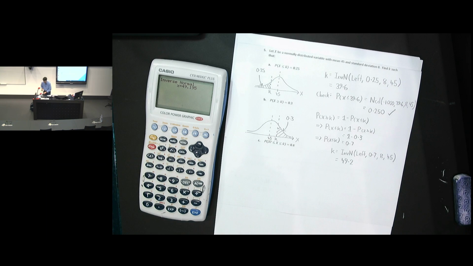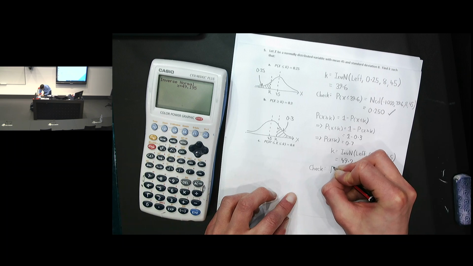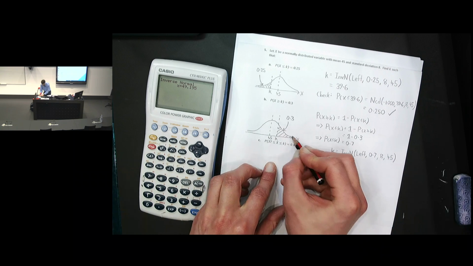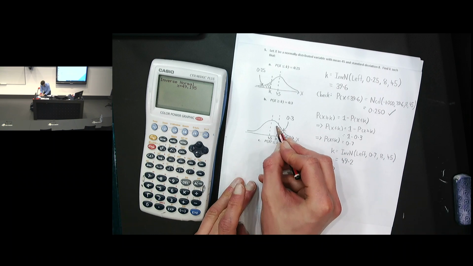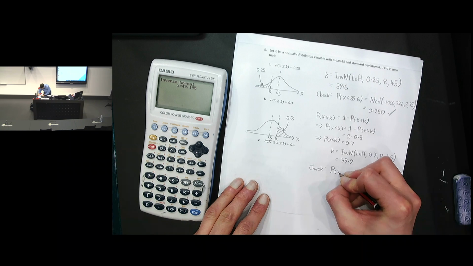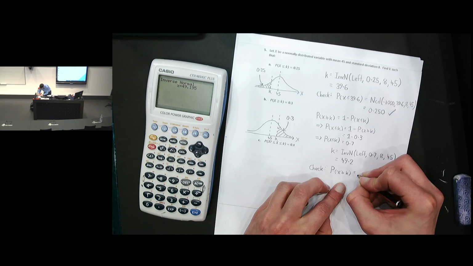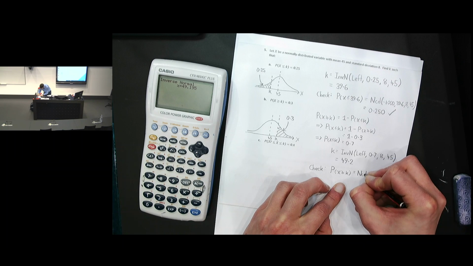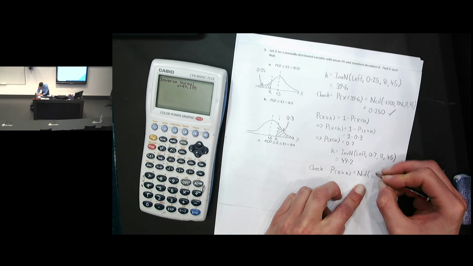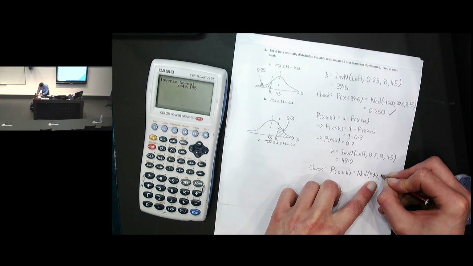Let's check that to make sure that everything is correct. So if I go check, let's calculate the area underneath this graph from k up until infinity. So let's write NCD. And then we want to go from 49.2 all the way up to some massive number.